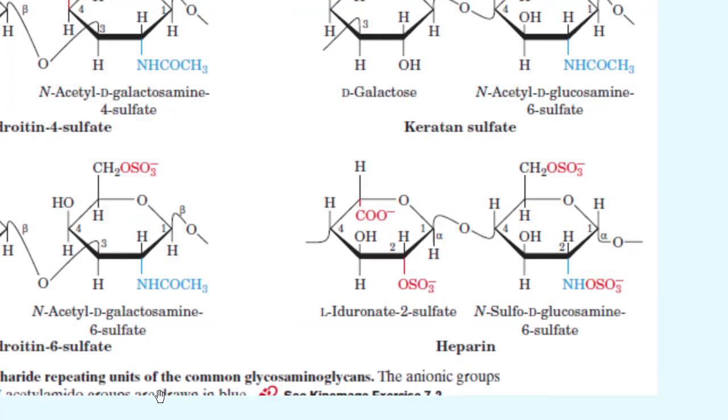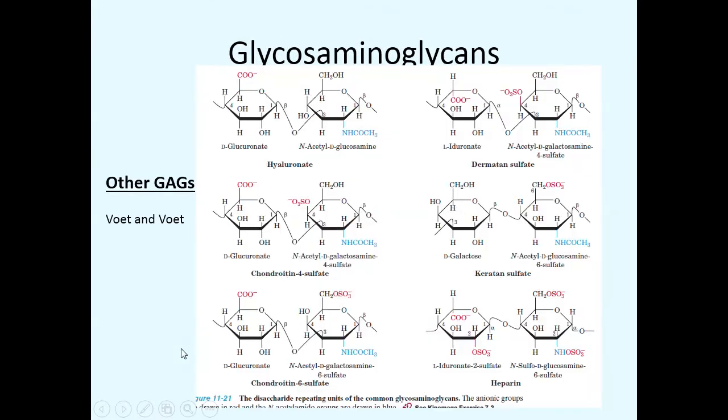The first one is hyaluronic acid. Some other important glycosaminoglycans include chondroitin sulfates, dermatan sulfate, and keratan sulfate.